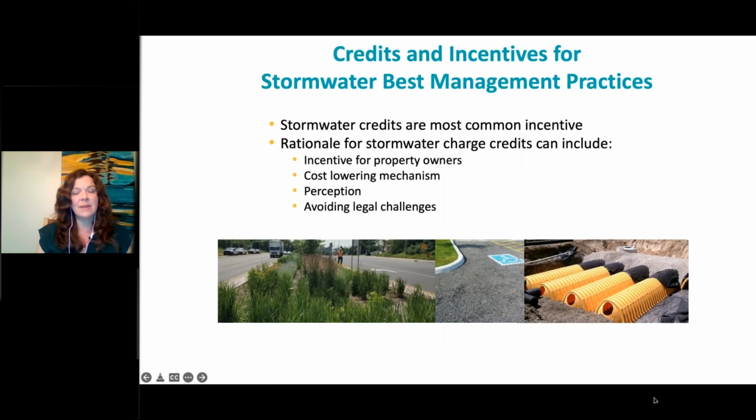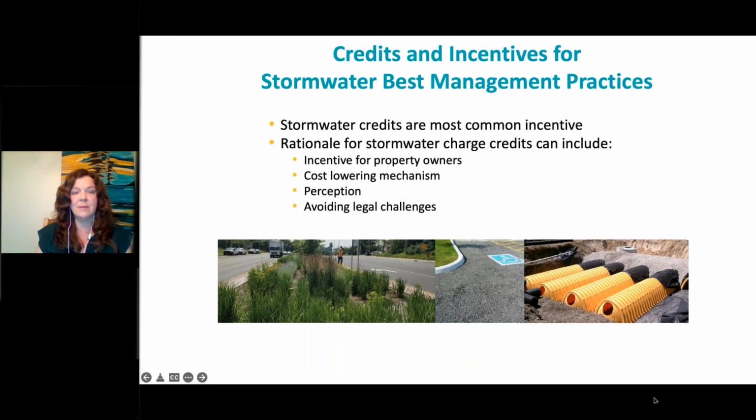Now, something that people often ask about are incentives and credit programs for incentivizing best management practices on private properties. And stormwater charges can be a vehicle for this. Looking particularly at industrial and commercial and institutional properties, again, those really big hard surface properties, stormwater credits are usually the most common type of incentive.